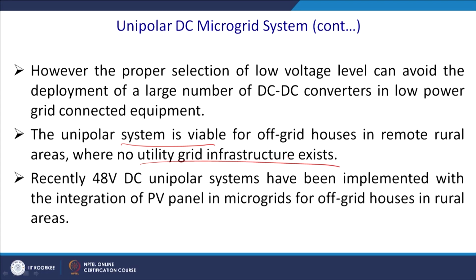And recently a 48 volt unipolar DC system has been implemented with the integration of PV panels in the microgrid of off grid houses in rural areas. As I have said in our initial lectures, the first microgrid was mostly DC and it was implemented in Sagar Island in West Bengal, where the Ganga Sagar pilgrimage takes place.